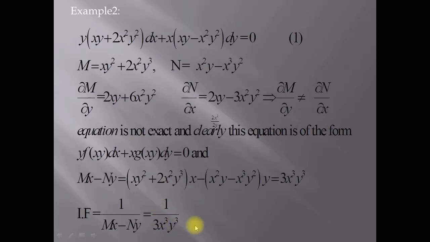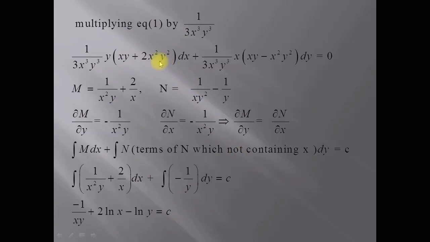Now multiplying this integrating factor to the given differential equation, we obtain 1/(3x³y³)·y(xy + 2x²y²)dx plus, again the integrating factor, 1/(3x³y³)·x(xy − x²y²)dy = 0.